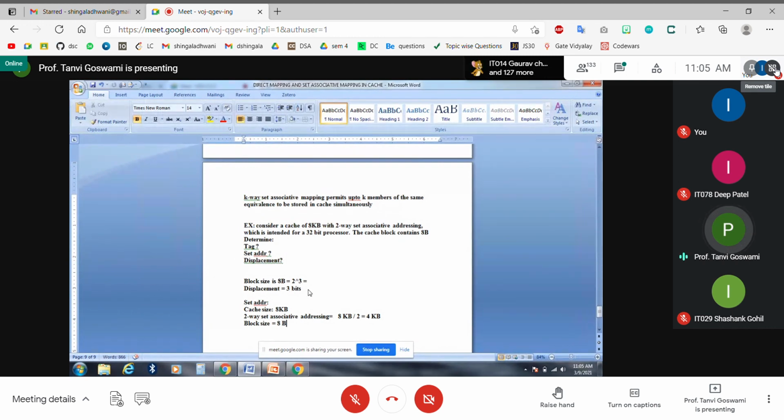What we need to identify is how many number of blocks will be there.